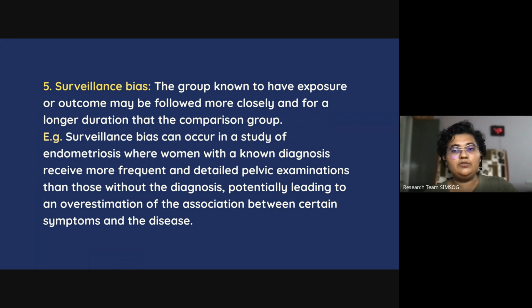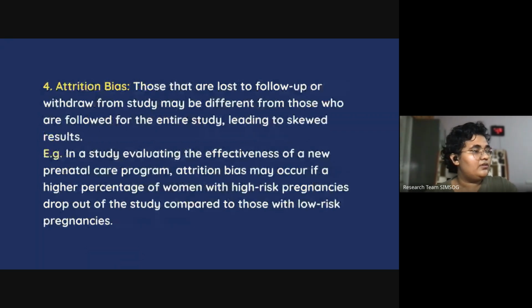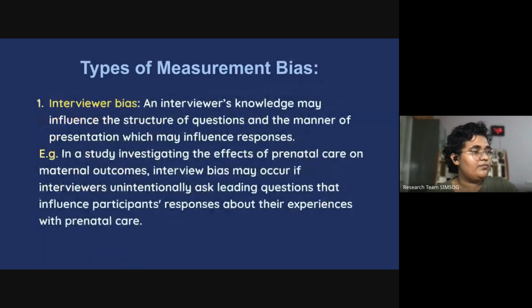Okay, somebody has asked me to explain interviewer bias with another example. Interviewer bias says that the interviewer's knowledge can influence the structure of questions and the manner of presentation that can influence responses. So this type of bias is mainly for descriptive studies or studies that have long interviews with the participant.